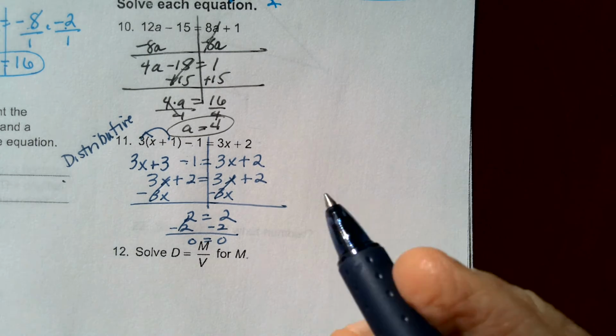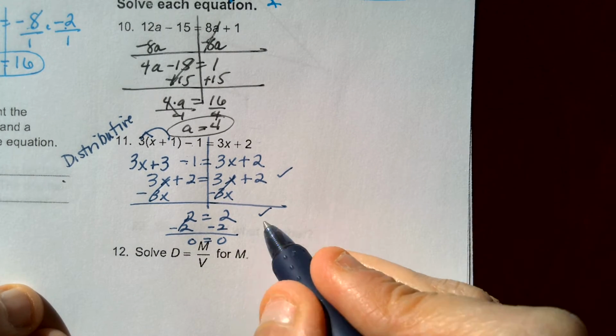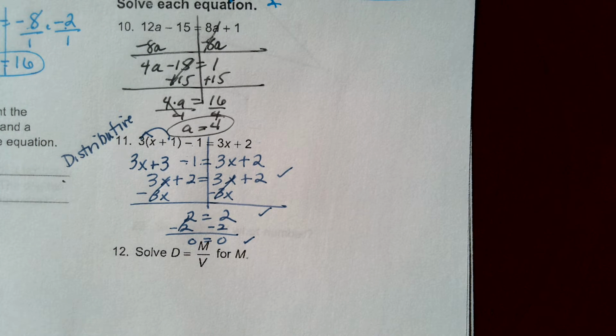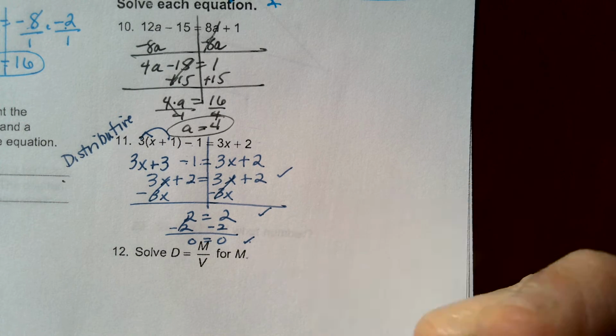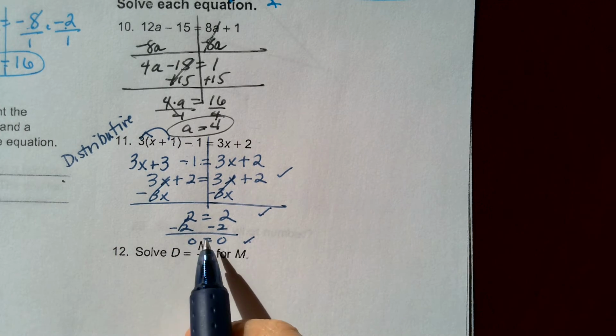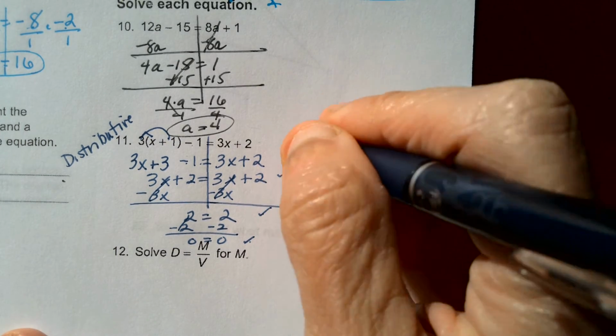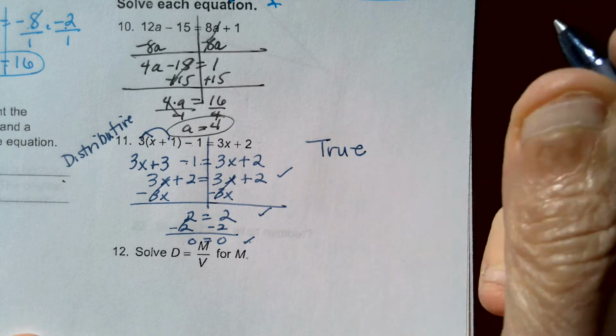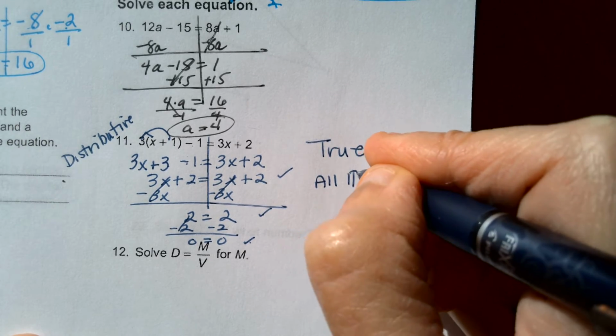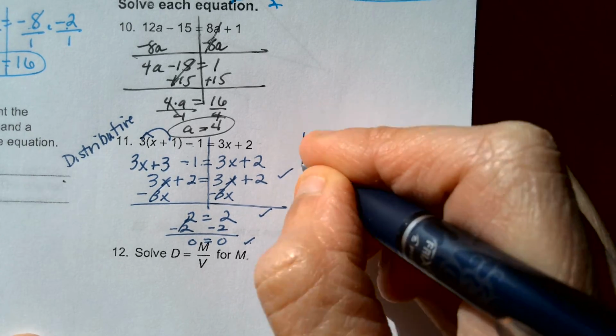Okay, so you figured it out either here, here, or here, depending on how observant you are. You've noticed the left and the right side are the same. That is true whether you're looking up here, here, or here. They're all true statements. The left is the same as the right. That's a true statement. So the answer is all real numbers.